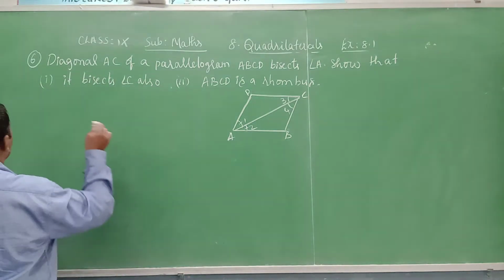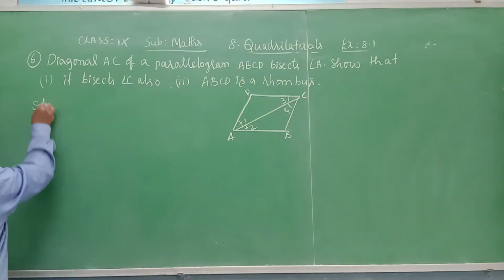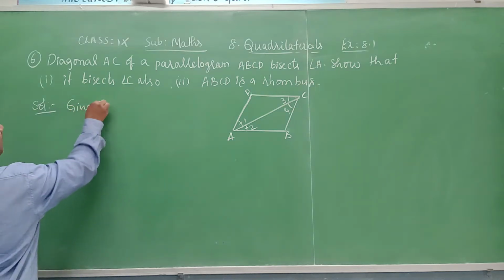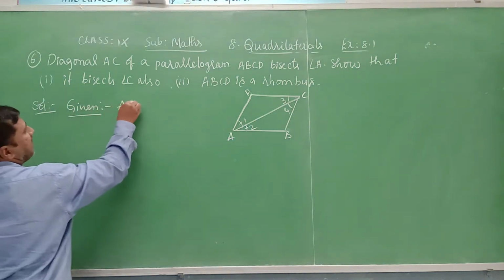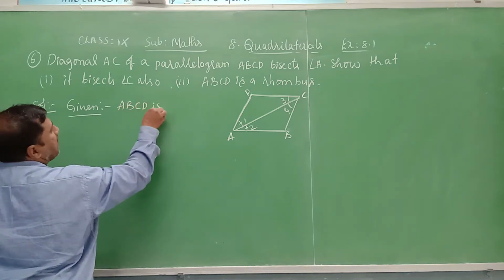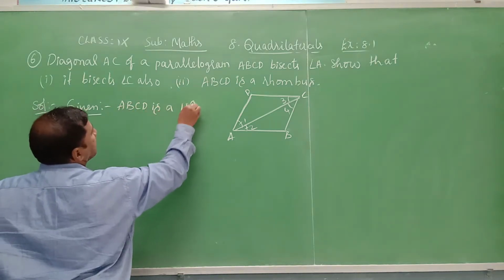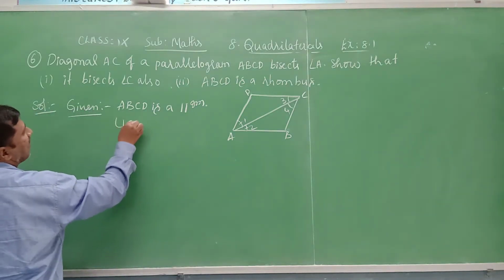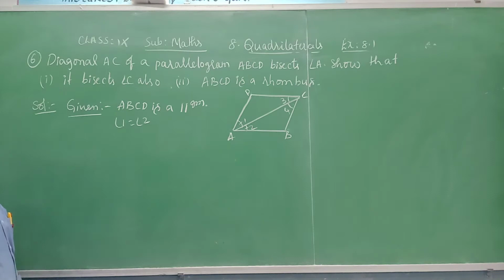Now how do we prove it? Here by using the properties of parallelogram we will prove this. So given, what is given here, ABCD is a parallelogram, and also it is given angle 1 is equal to angle 2 from the figure.